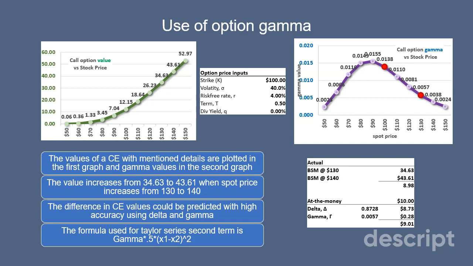The calculation is shown at the bottom right box, where the option price is predicted with an error of just 0.03. For more accurate prediction of the option price, the third term of the Taylor series also needs to be used, but that is beyond the purview of this presentation.